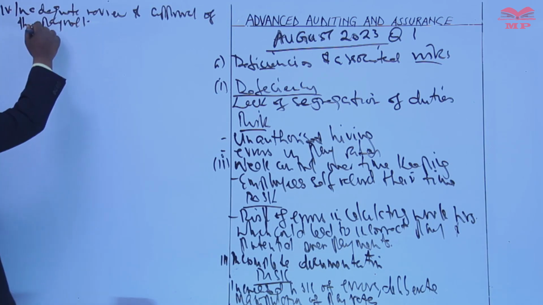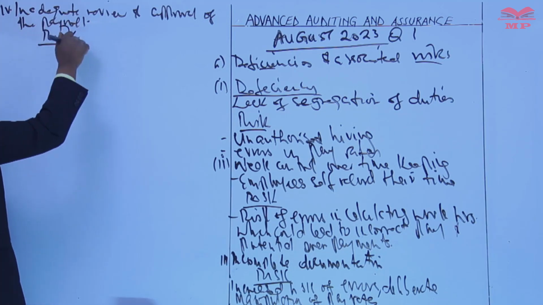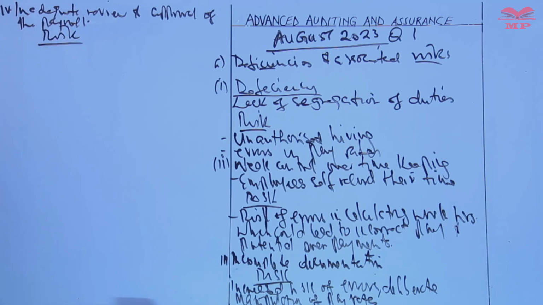So what is the risk that is associated with inadequate review and approval of the payroll? To answer that question, you can first ask yourself: why do we monitor? We monitor, we review so that we can identify if there are errors, if there is any fraud, if there is any unauthorized payments.